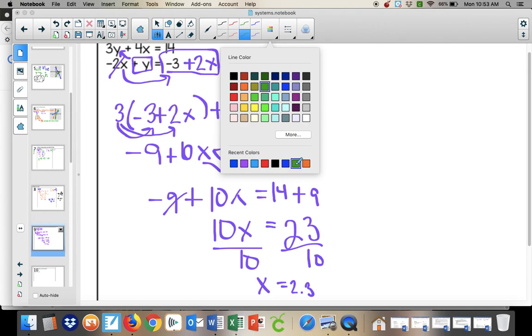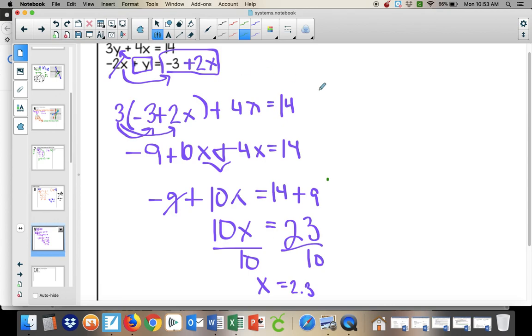I'm now going to put that value in to one of the equations. To me, it makes more sense to put it in the second one. So negative 2 times 2.3 plus y equals negative 3. So this is negative 4.6 plus y is negative 3.